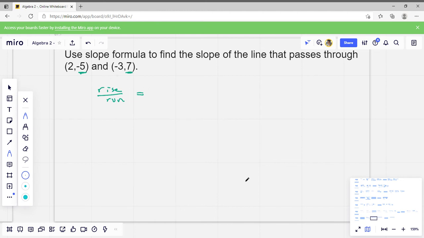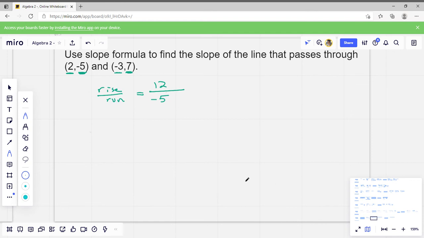Well, that would be 7 plus 5, which is 12, and that's positive 12 because you went up. Now your run is how far did you go when you went from 2 to -3. You started at a positive and went to a negative, so you went backwards 5 spaces. So you're going to have -12 over 5.